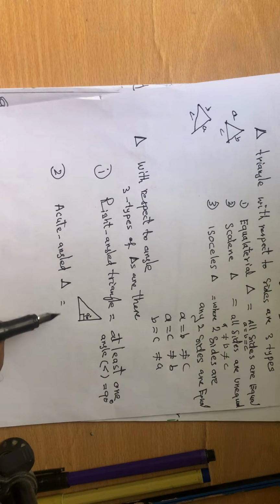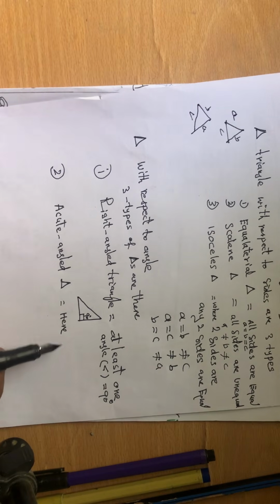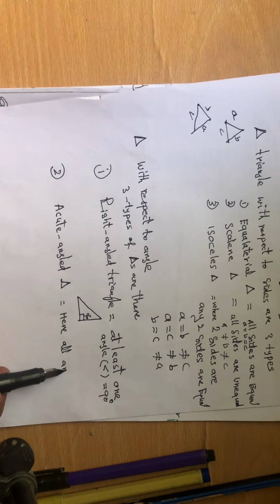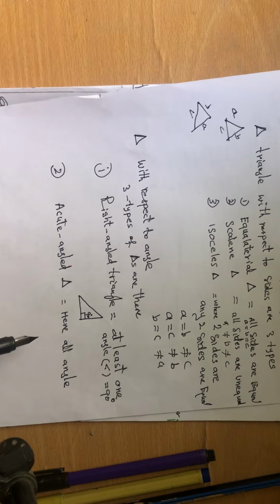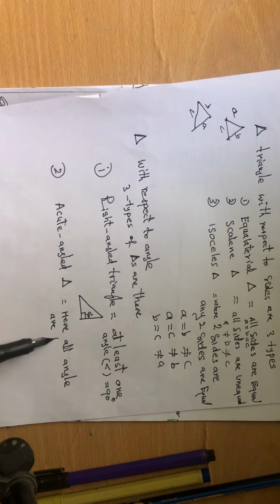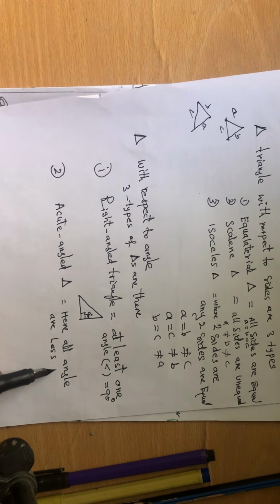The acute angle triangle is the second type with respect to angles. Here, if we see all the angles, there is no angle equal to 90 degrees. We can say that all angles are less than 90 degrees.